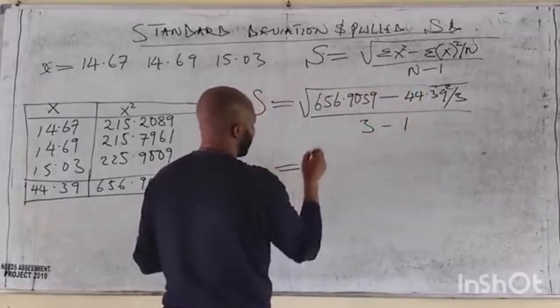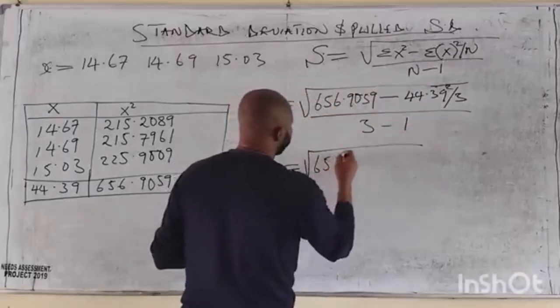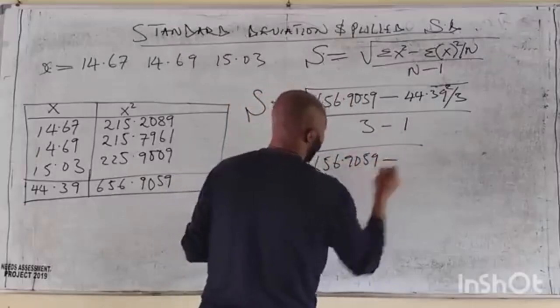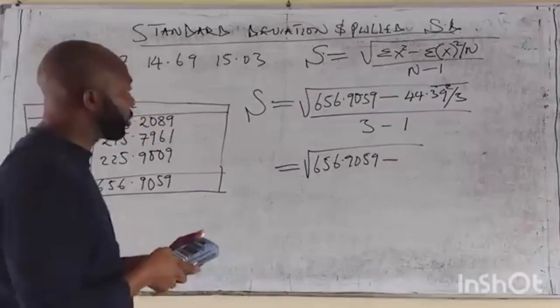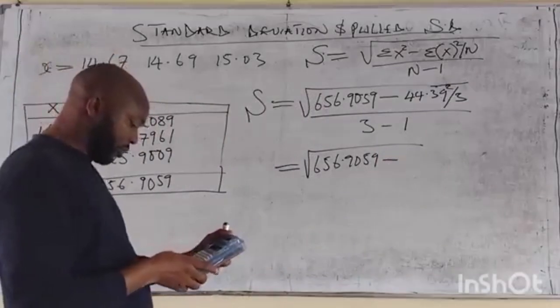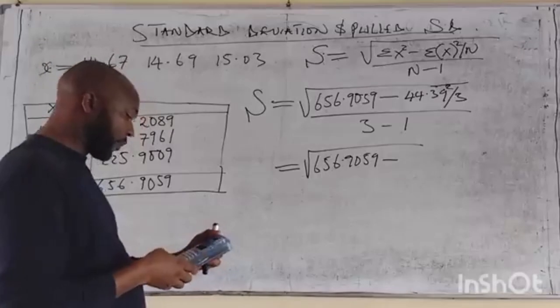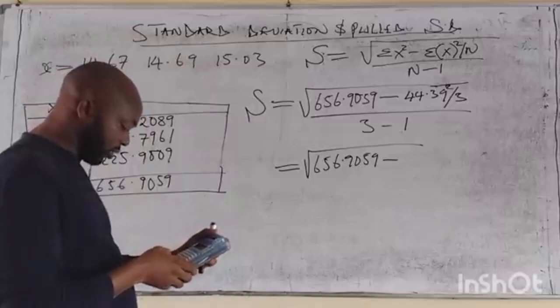We move further. I have this down: 656.9059 minus, I have to square my 44.39. 44.39 squared is 1970.4721, divided by 3 in order not to waste time.